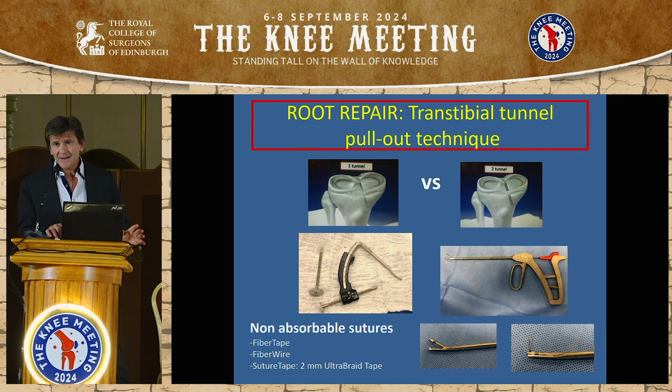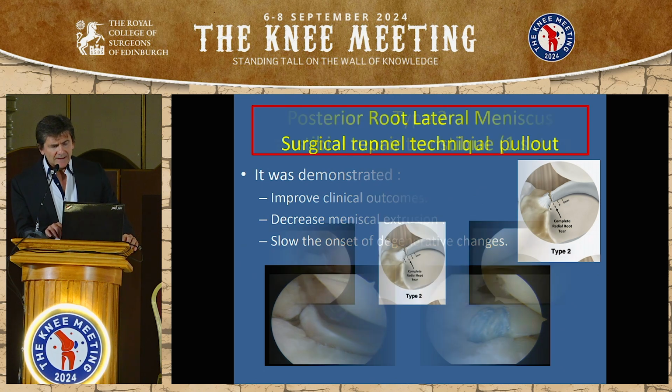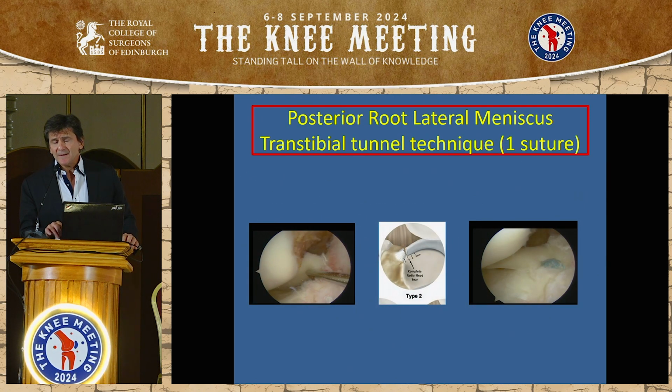Many techniques are described where some doctors use 2 tunnels. I use only 1 tunnel, and I will show you how I do it. And you can make 2 or 3 sutures in order to fix the root.